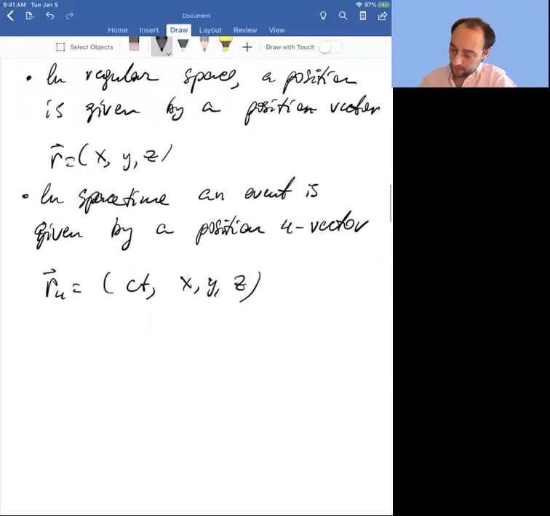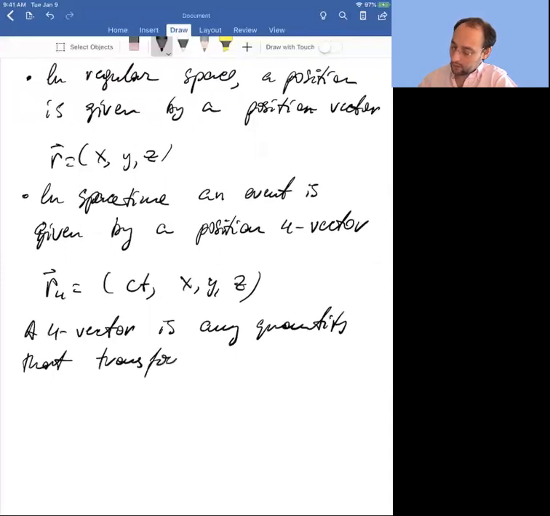Okay, so 4 vector is any quantity that transforms under Lorentz transformation. Space and time is an example.